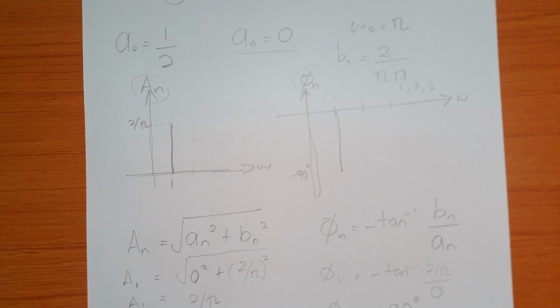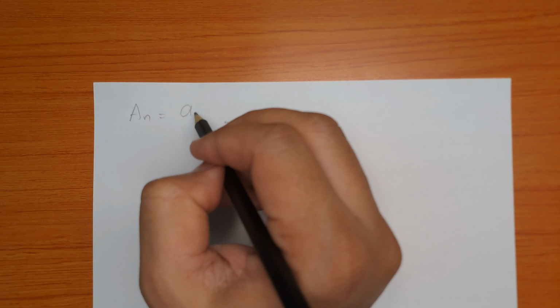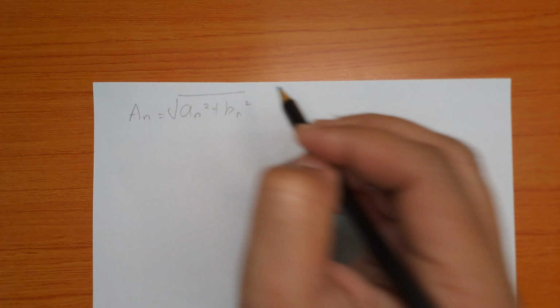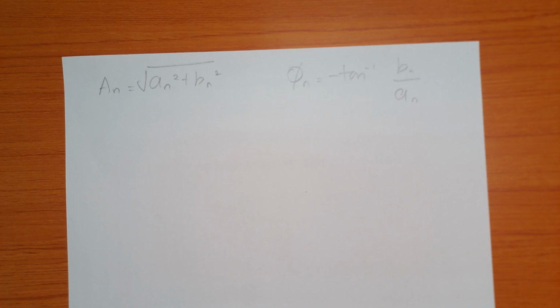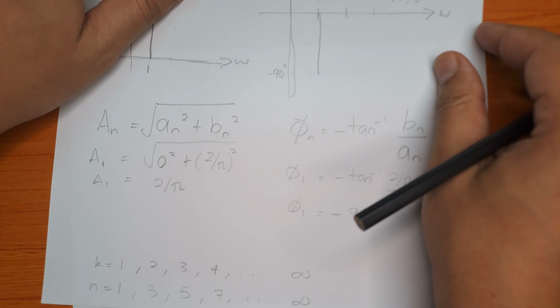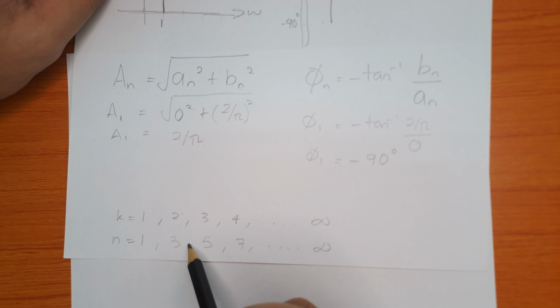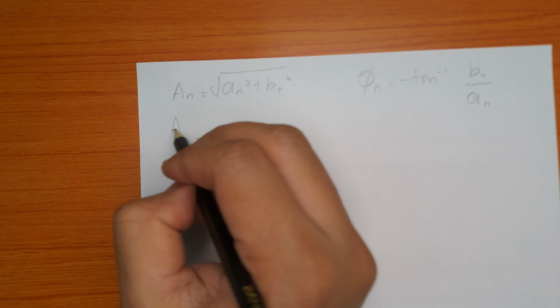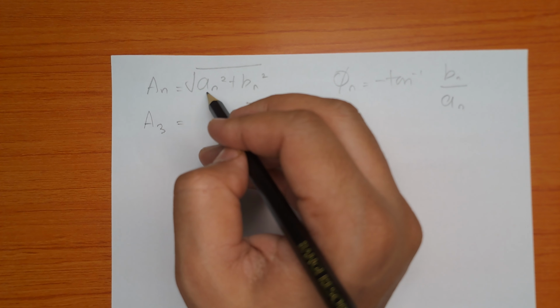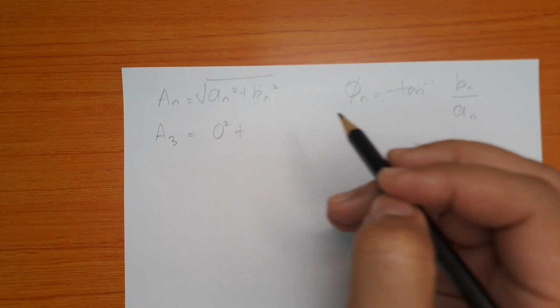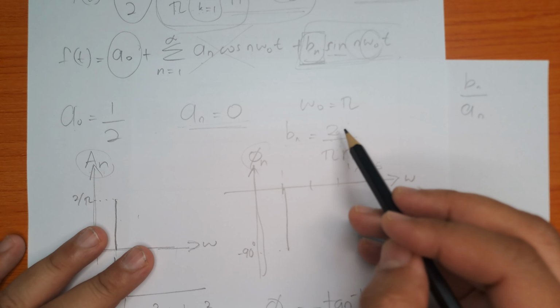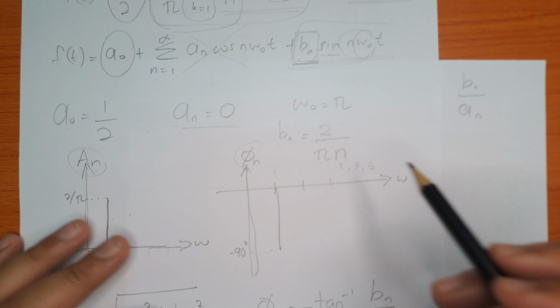Now let's work for the second term. The second term is for the second k, n is 3, so for a3, an for any value is 0, so 0 square plus, now what is bn? Bn is 2 over pi 3.